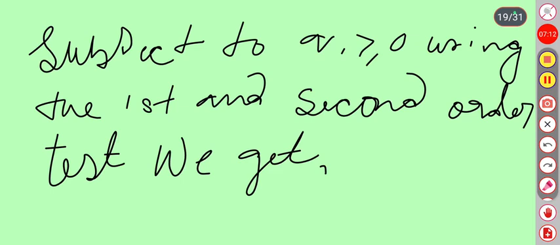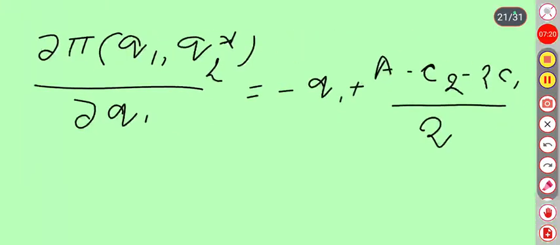Here we know that Q1 is positive. Using the first and second order conditions, the derivative of pi (Q1, Q2 star) with respect to Q1 is equal to minus Q1 plus (A minus C2 minus 2C1) divided by 2.